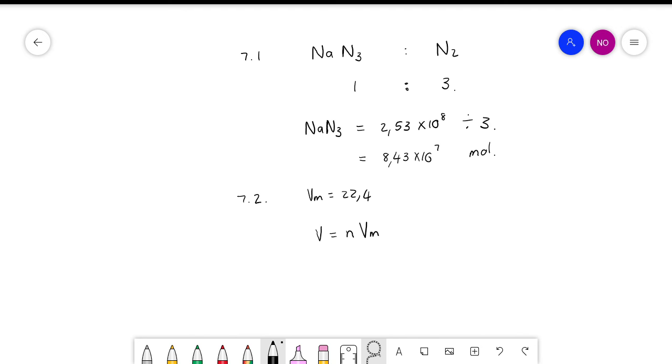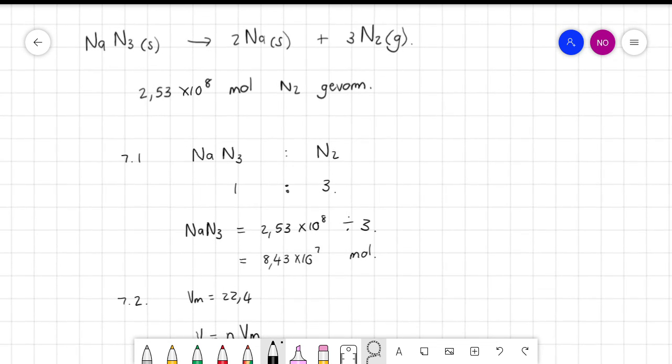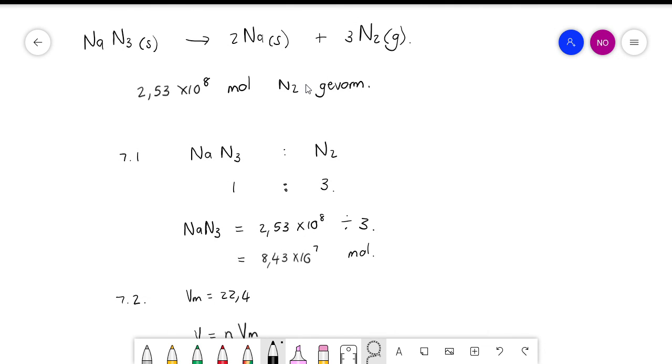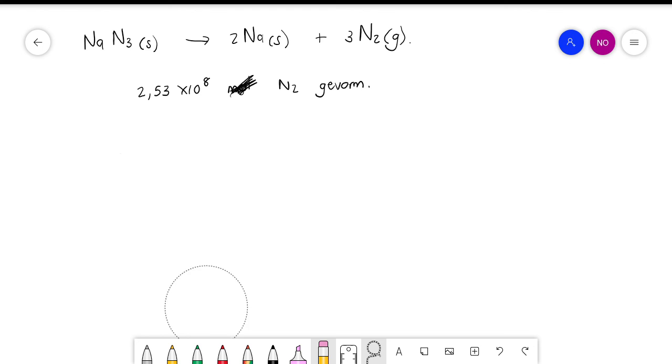Oh my word, ek het vir julle gelieg. Let's go back there. Ons moet eers hierdie ene. Daai mol is nie mol nie, dis molekules. So that is A. Ek kon nou net sê die getalletjies maak nie sin nie. Sorry julle. Ek moet eers mol hierso gaan uitwerk.